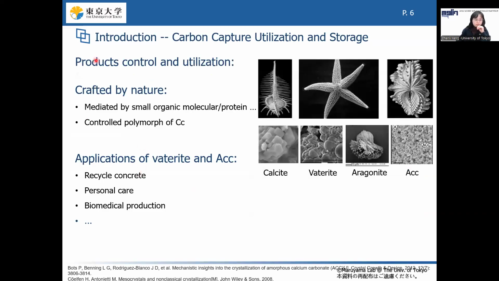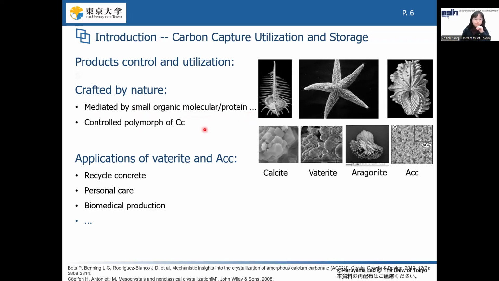The next step is how do we control and utilize the carbonation products. Nature is able to grow very strong and durable calcium carbonate with different kinds of structures and performance features, and it is achieved by some small organic molecules, proteins, or the bioenvironment.